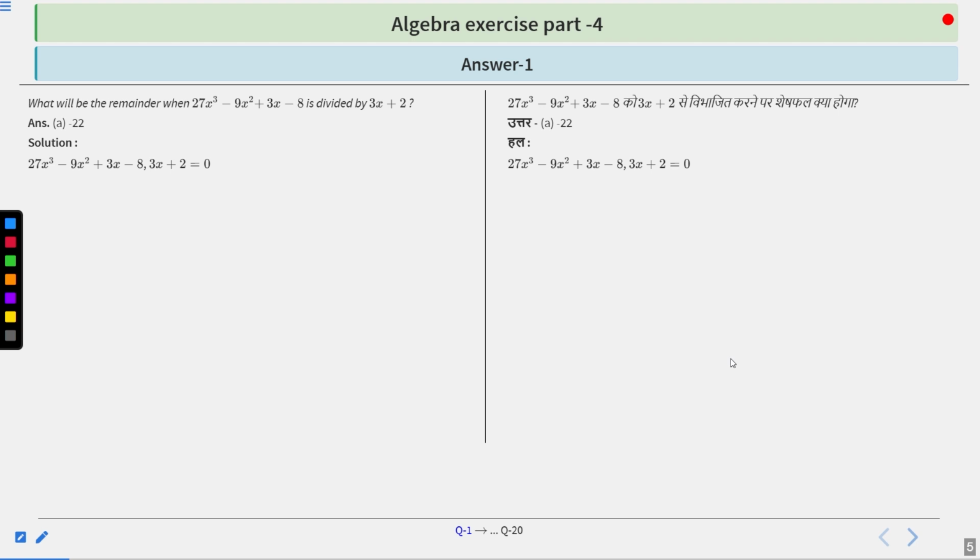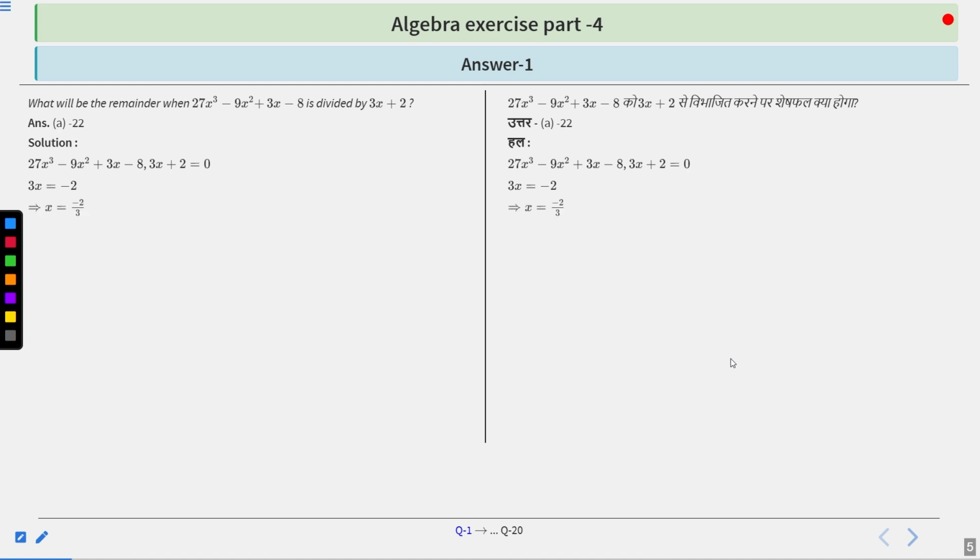So, we were given that 27x cubed minus 9x square plus 3x minus 8 is divided by 3x plus 2. We have to find the remainder. So putting 3x plus 2 equal to 0, 3x will become equal to minus 2 and x will become minus 2 upon 3.